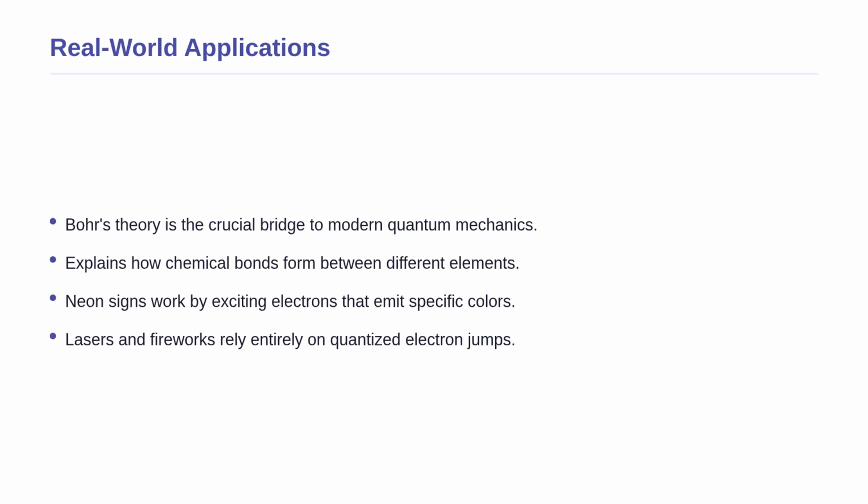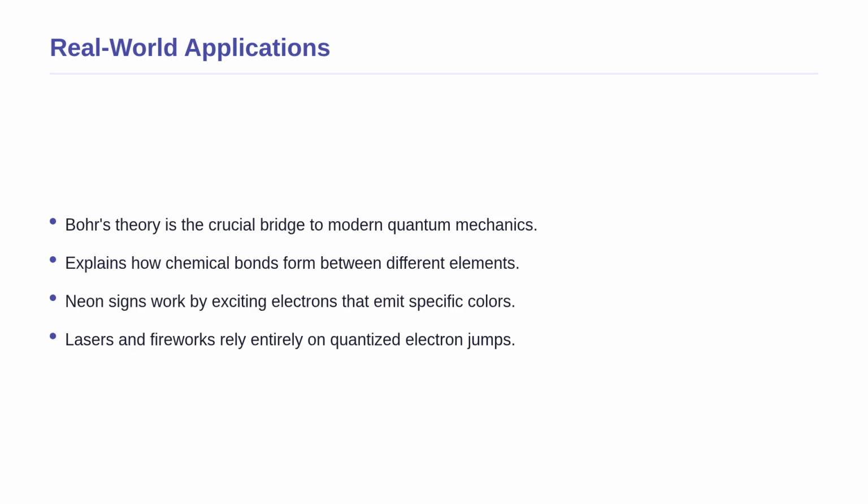Despite its flaws, Bohr's theory remains one of the most important milestones in science. It served as the crucial bridge between classical physics and the bizarre rules of quantum mechanics. By introducing quantized energy levels, Bohr laid the foundation for understanding how chemical bonds form. In the real world, these principles are at work all around you.